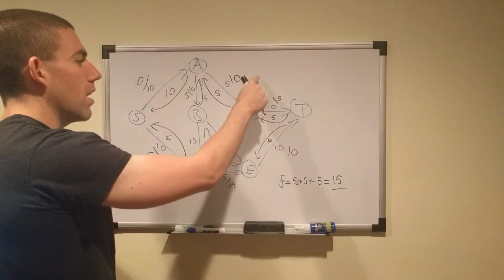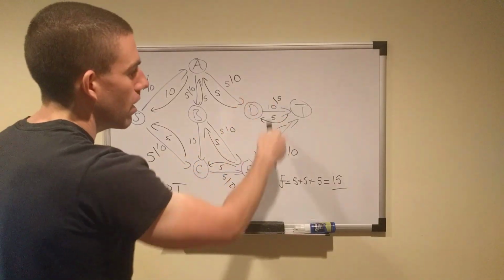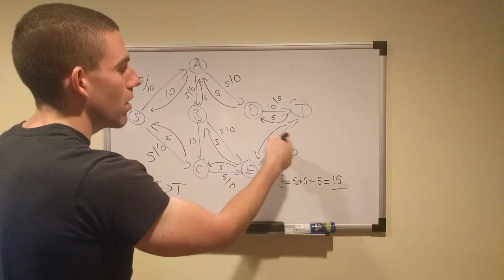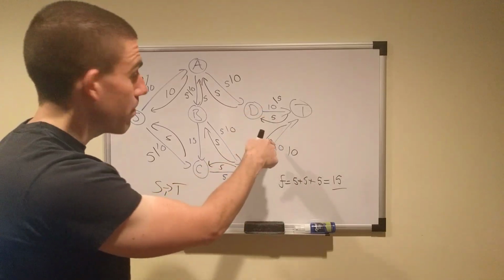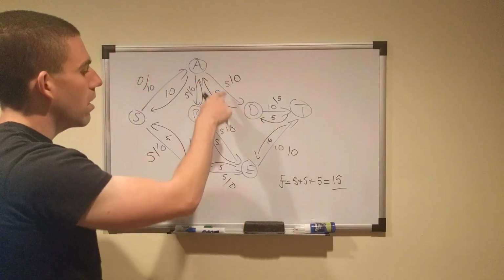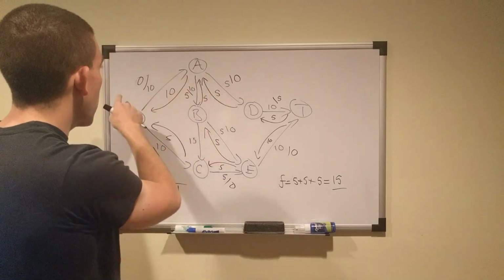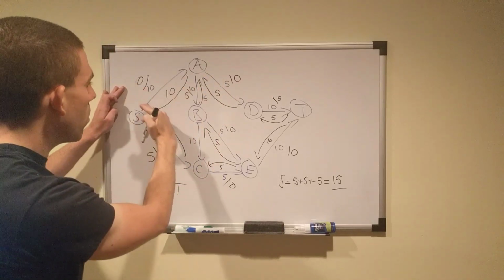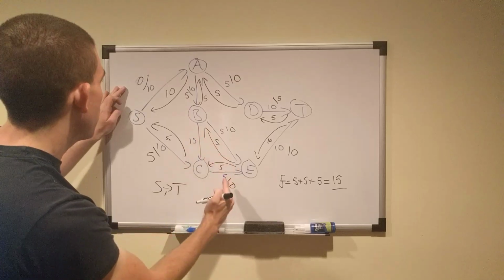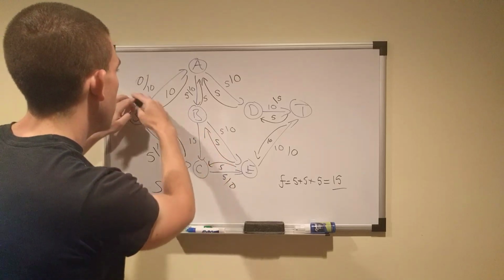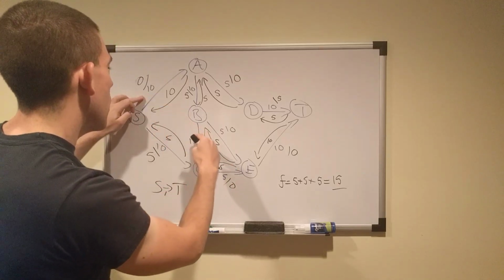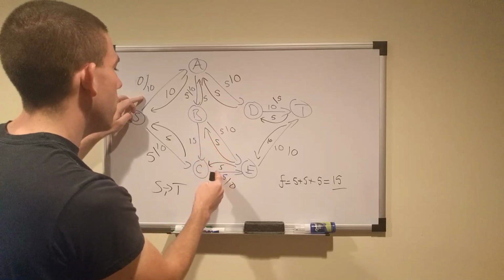So we see that if we cut here, we have these 2 edges, so we have a capacity of 20, 10 and 10. If we cut down here, we have 5, 10, and 15. If we cut along here, then we would have 10, 15 as well.